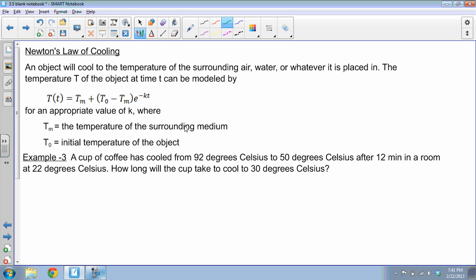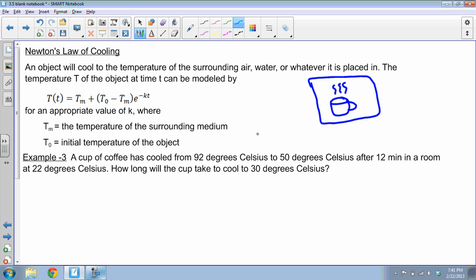Okay, what's going on is if we stick something like a cup of coffee that we have just heated up, if we stick that in something like an ice chest, then the air around the coffee is going to cool the coffee until it gets as close to as possible to the temperature that is inside the cooler. And so this formula that we have is going to model that.